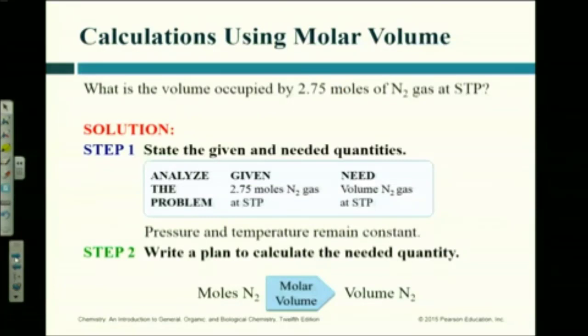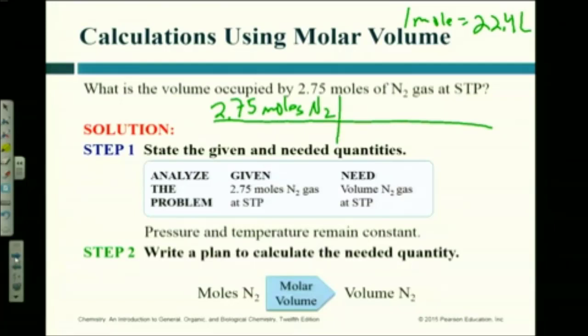So what do we say? 1 mole equals 22.4 liters. Can you solve this problem? It's a one-step conversion. Pretty straightforward, though, if we learned our conversions way back then. So what do we have? 2.75 moles of N2.